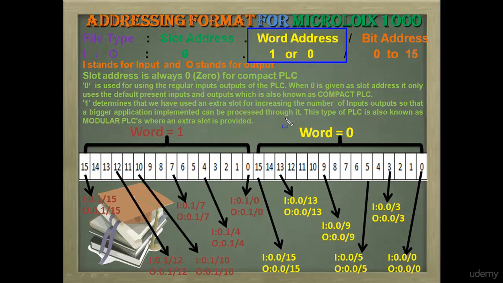Word address. It determines a total of 32 bits, divided into two columns as word 0 and word 1. Word 0 means that the right hand side 16-bit column is used to store the address of the input or output.